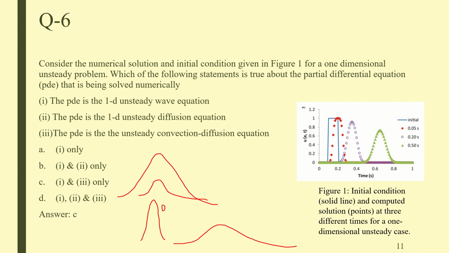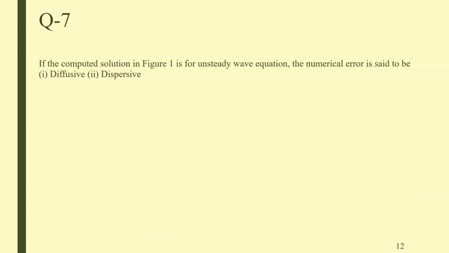But we can see the motion is uniform, it is moving 1 meter per second only. So it is not a dispersive error, rather it is a diffusive error. Dispersive error means it would be moving with random motion and the velocity would not be the same.